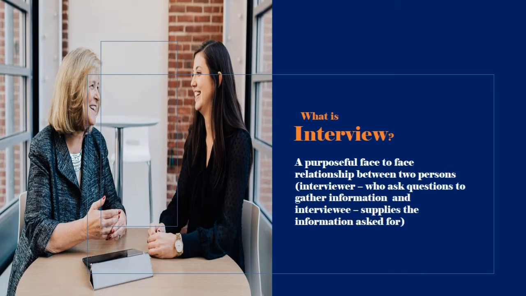As the term implies, interview is a face-to-face relationship between two persons, and these two persons are the interviewer, or the one who asks questions to gather information, and the second is the interviewee, the one who supplies the information asked for.